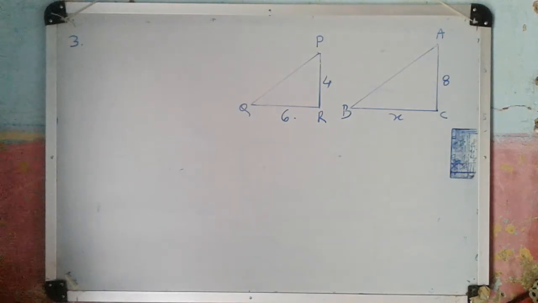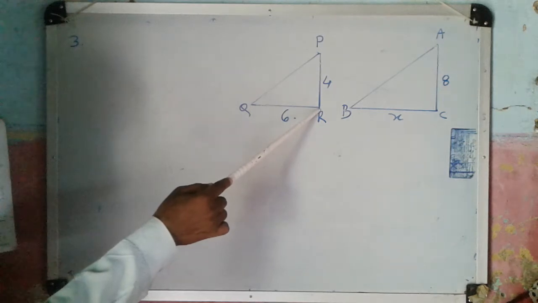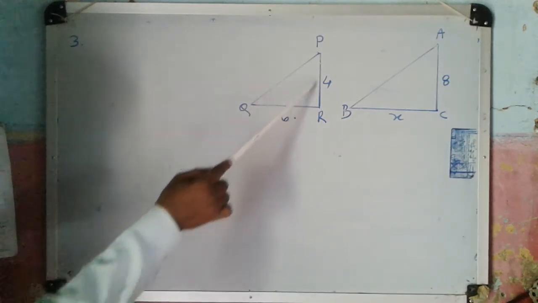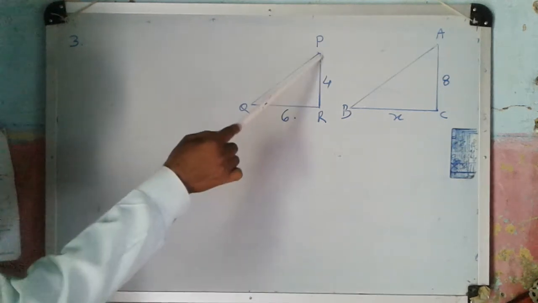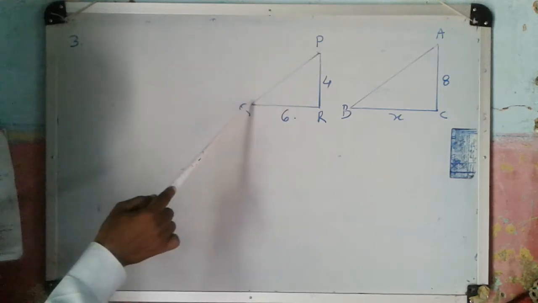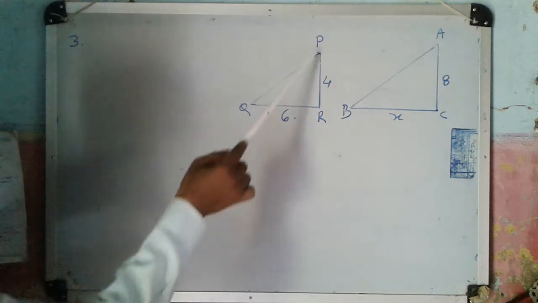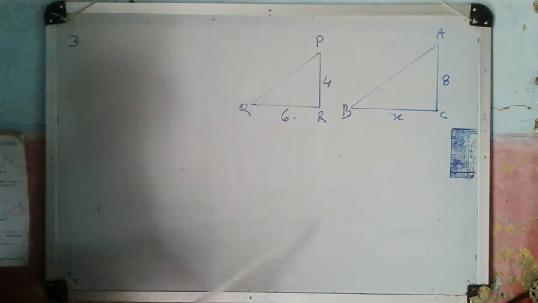If the length of the shadow of the smaller pole due to the sunlight is 6 meters, then how long will be the shadow of the bigger pole at the same time? So here PR is the smaller pole and QR is the length of its shadow due to the sunlight. Suppose PQ and AB are sun rays coming from the sun. Due to the sun rays, shadows are created.